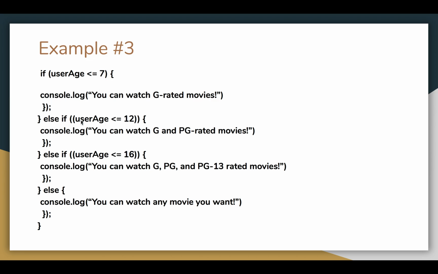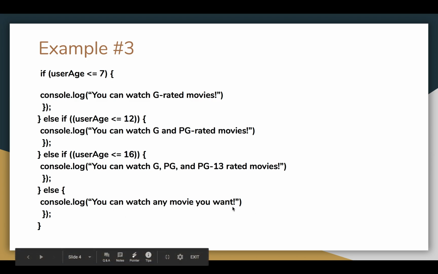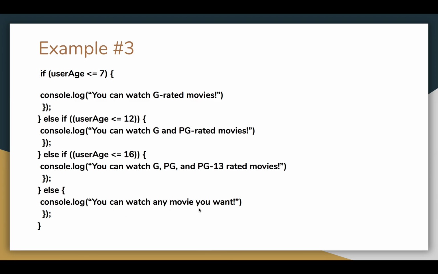So then it's going to move down, because each condition in an if-else if is checked in order from top to bottom. Now it's moving on here, and this is going to prove false because I'm older than 12. Then it's going to move on here, and it's going to prove false because I'm older than 16. And then this is going to be the result: you can watch any movie you want, because you can watch G, PG, PG-13, and rated R movies.